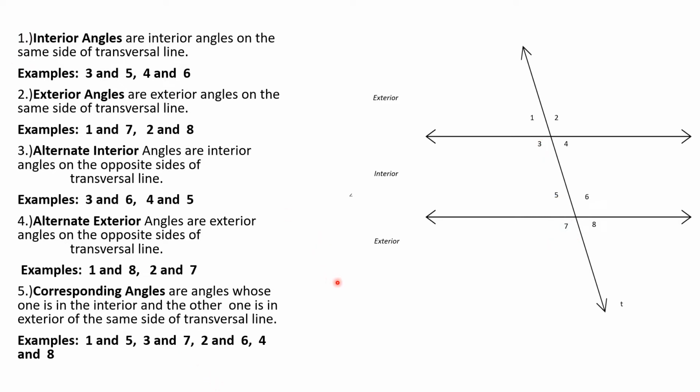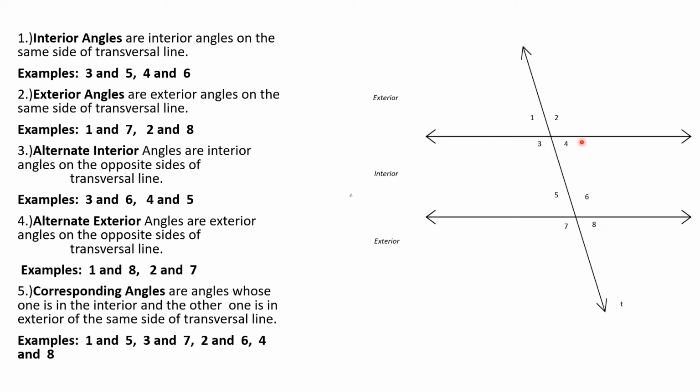And then we have angle 2 and angle 6. Those are corresponding angles: 2 as the exterior angle, then 6 as the interior angle. And the last pair that we have is angle 4, an interior angle, and angle 8, an exterior angle. Don't forget that they should be on the same side of a transversal line.